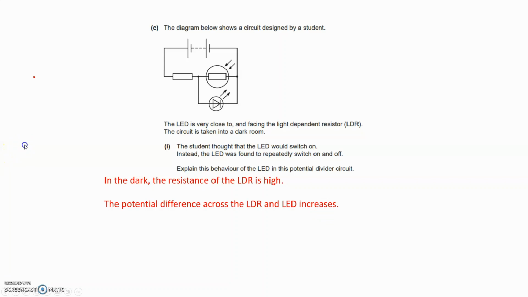So the resistance of the LDR is high. If we use our V equals IR equation, if the resistance of the LDR increases, the potential difference across the LDR will increase, and because the LED is in parallel, the potential difference across the LED will increase as well.